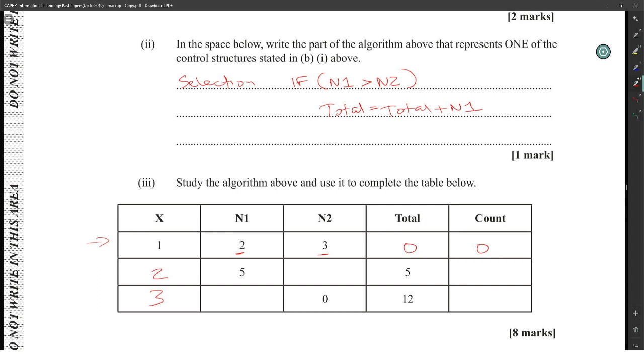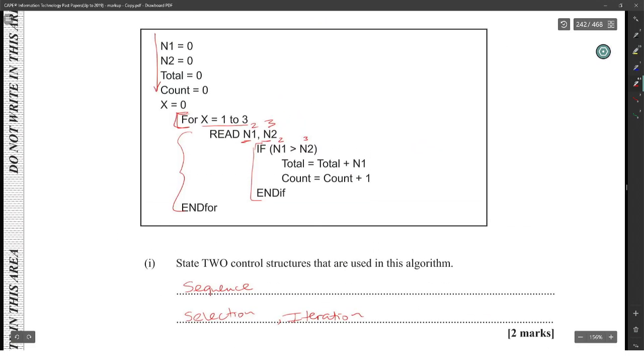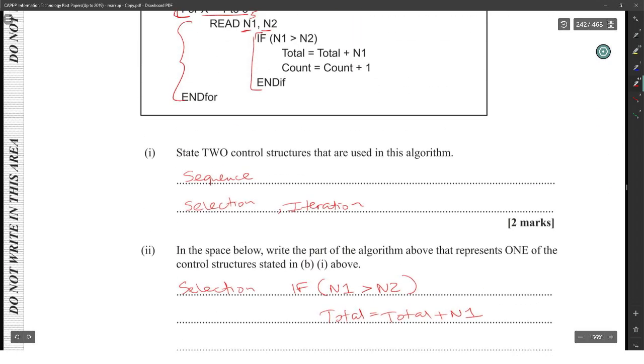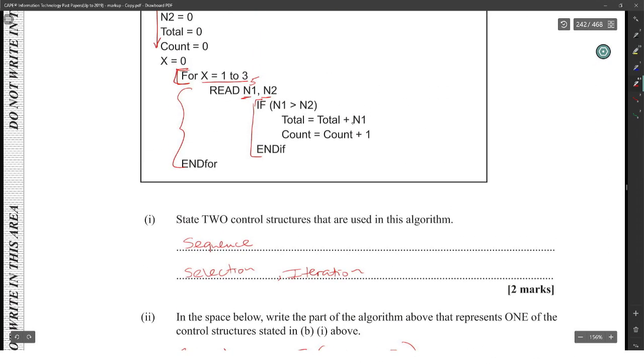And then in the next line, n1 comes in at 5, but n2 didn't come in as anything. So we have to guess what n2 will be if the total ends up becoming 5. Total is equal to total plus n1. That means n2 would have to come in as 0. And then 5 is greater than 0.